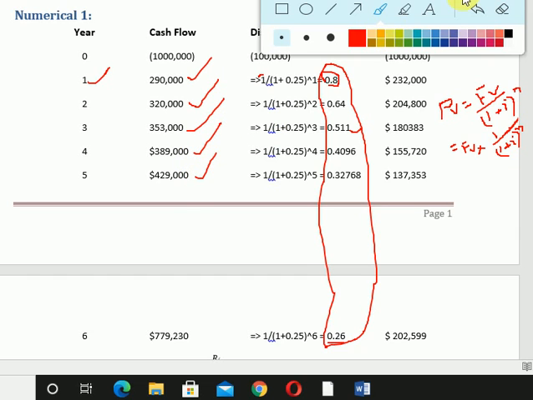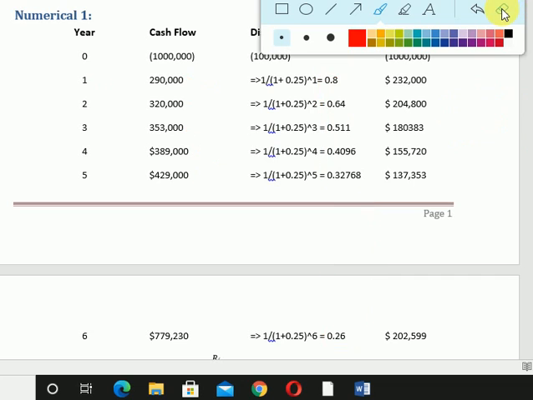Clear now? Okay. Now what should I do? I will multiply this 2,90,000 by 0.08, which is equal to 2,32,000. What does it mean? It means that after 1 year I will receive 2,90,000, so their present value is 2,32,000.